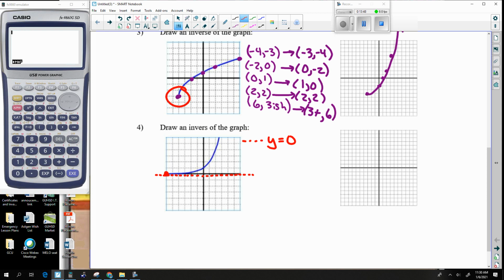So I can use this guy, because that guy, and that guy-ish. Okay. So where we have tentative points are approximately -6, 0, 0, 1, 1, 2, and 2.5, 2.5, 6.